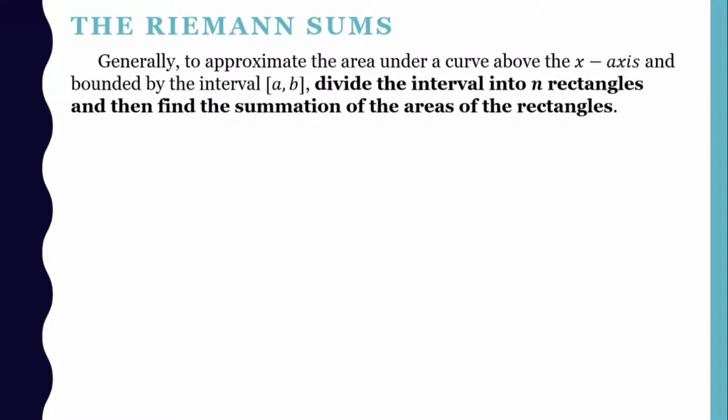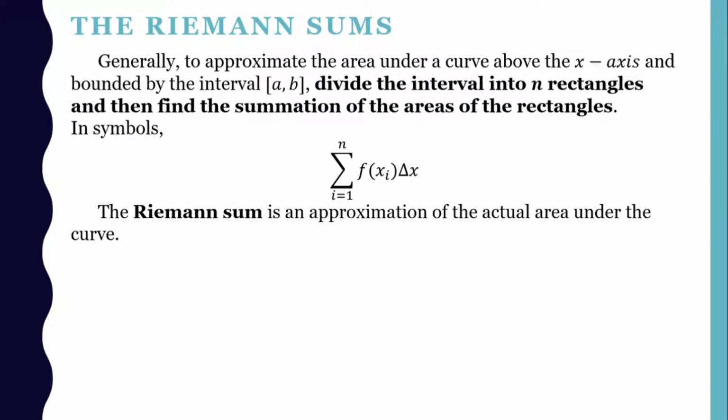So in symbols, we write this down as the summation of f of x sub i times delta x as i goes from 1 to n. So, the Riemann sum, in short, is simply an approximation of the actual area under the given curve.